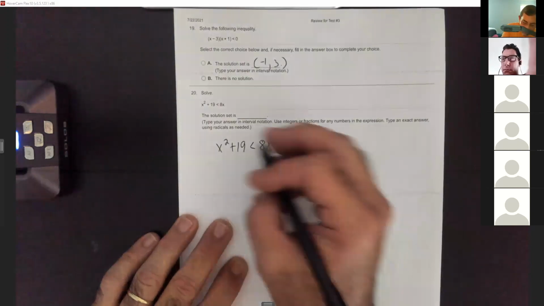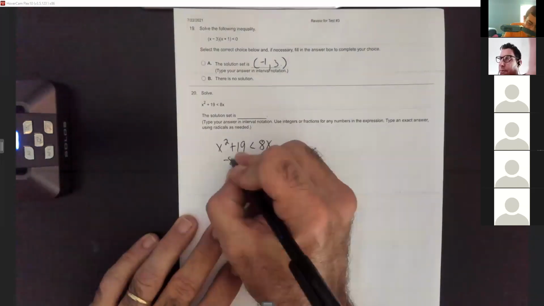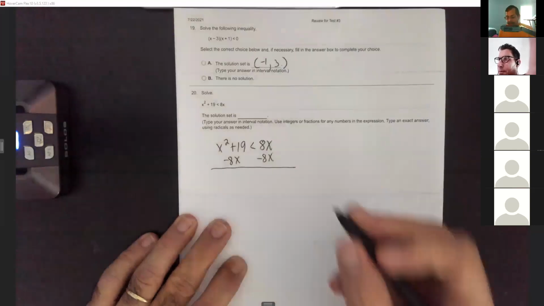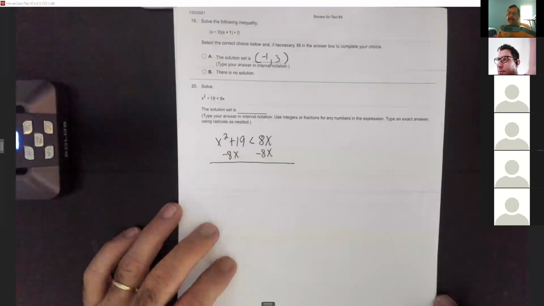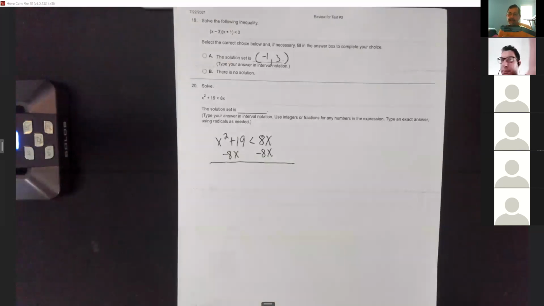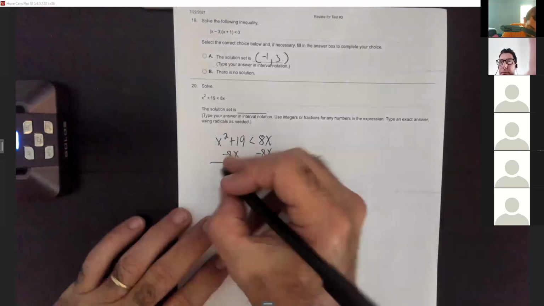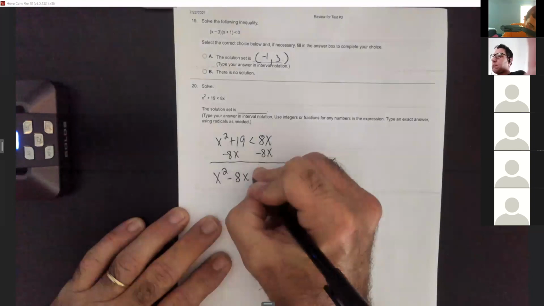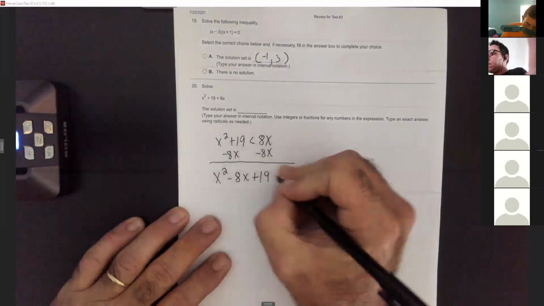So we would have to subtract 8x from both sides. Basically, we're moving the 8x that was positive on the right side to the left side and making it negative. Now I'm going to put them in order. x² minus 8x plus 19 is now going to be less than 0.